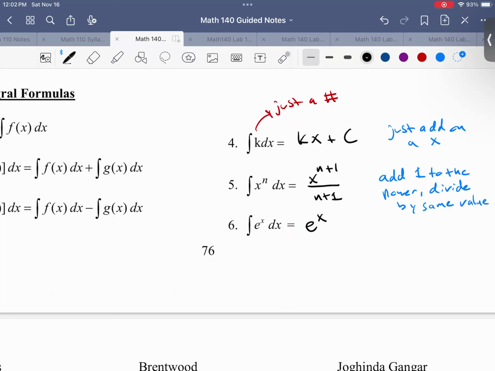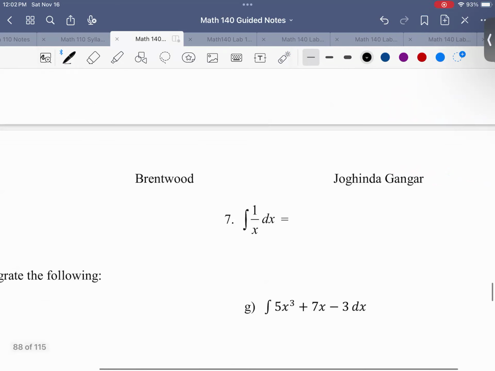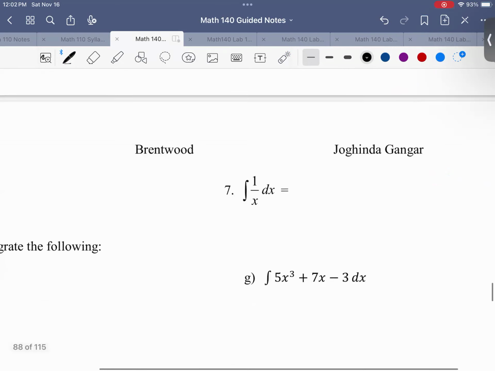Okay, so let's keep looking at number 7. The integral of 1 over x dx. Well, if you recall, the derivative of natural log of x equals 1 over x.